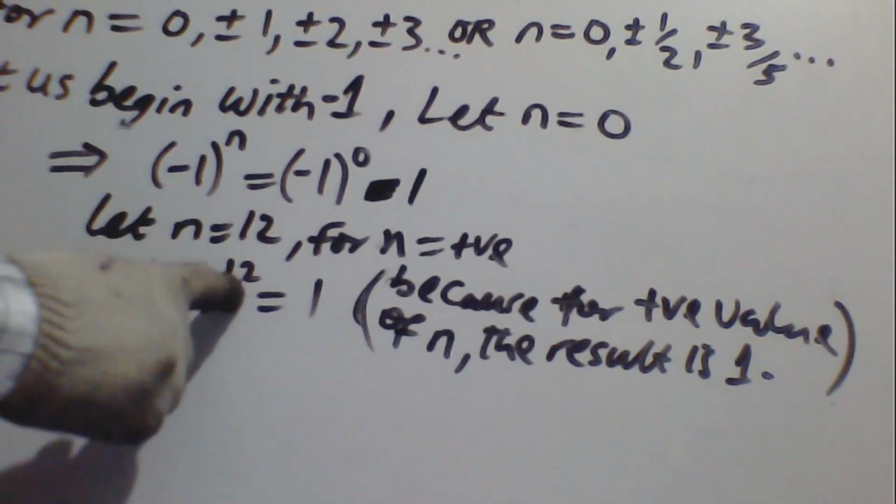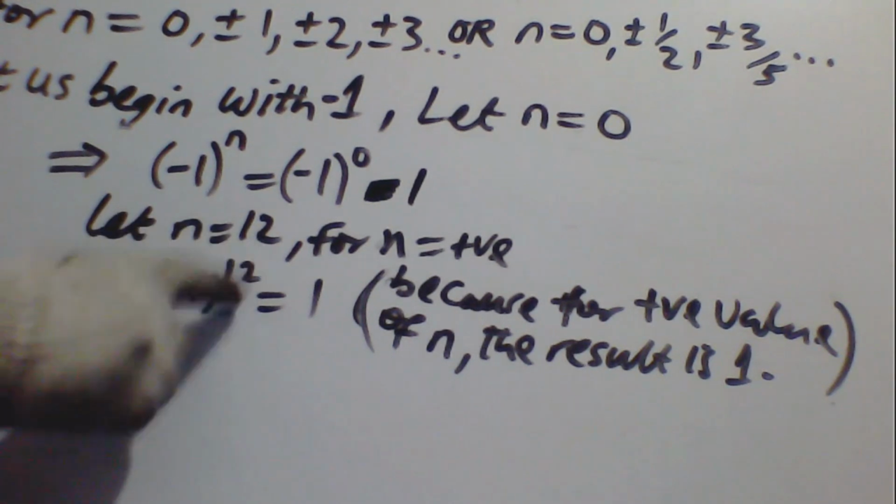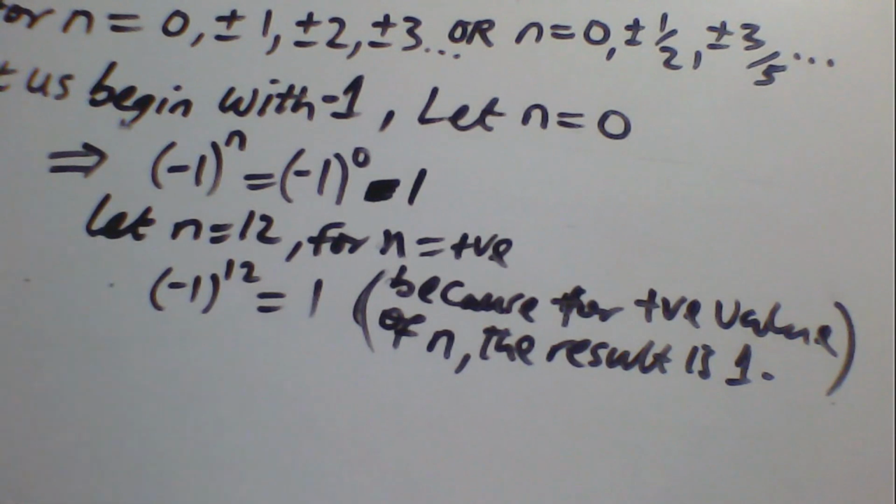So for a positive value of n, raising minus 1 to a power, the result will be equal to 1 or plus 1. That is the reason when minus 1 is raised to a power of a positive number, the result is equal to 1.